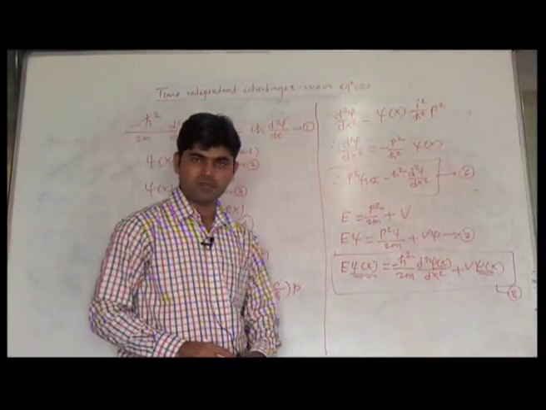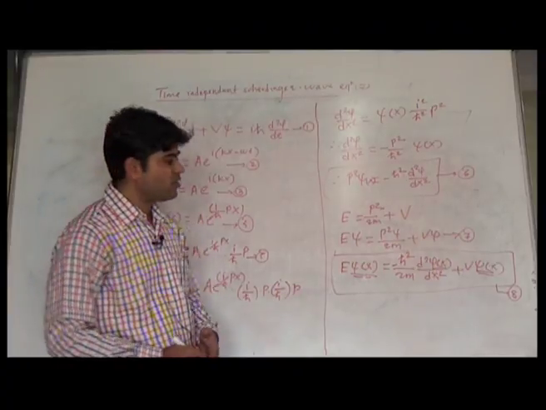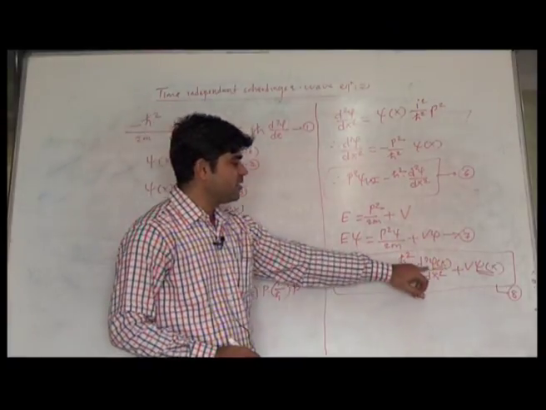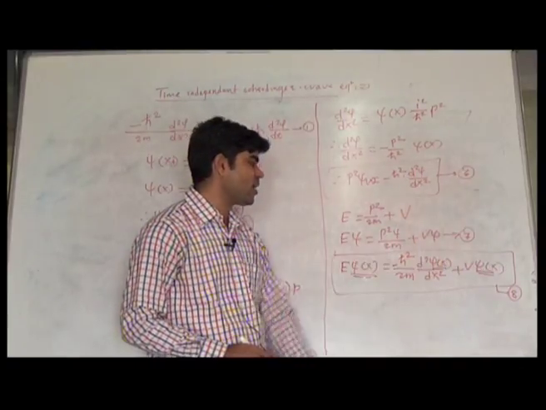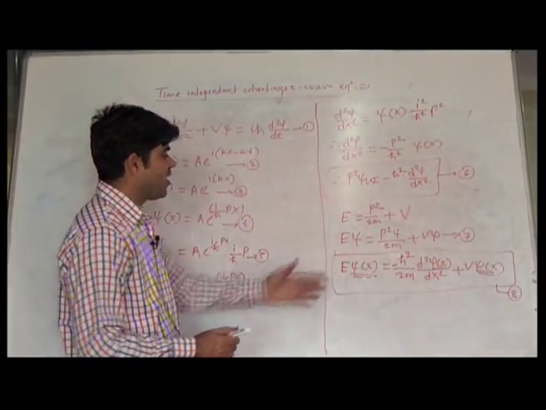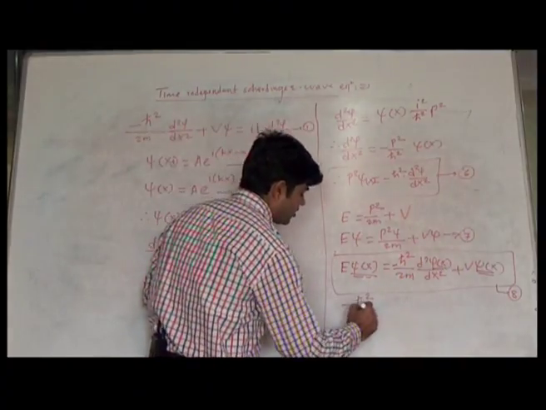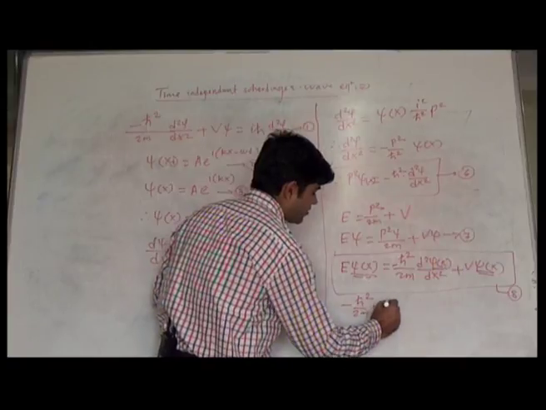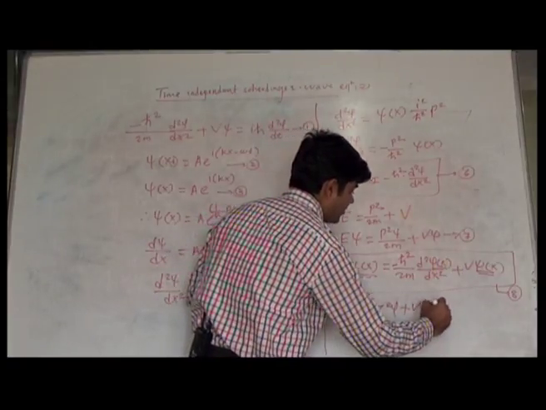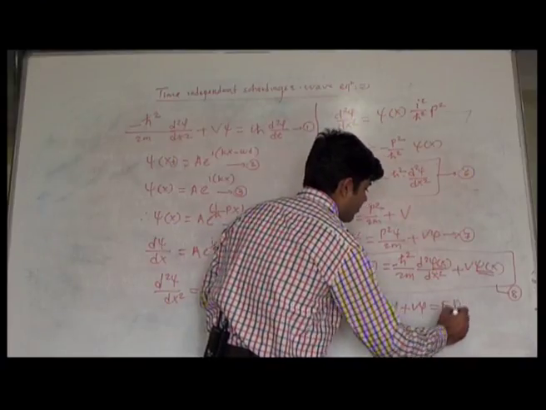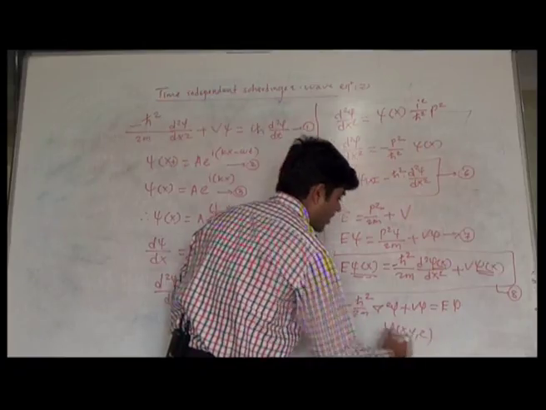Similarly, the same equation we can write in three dimensional form, that is d square psi upon dx square plus d square psi upon dy square plus d square psi upon dz square, and at the end the equation becomes minus h cross square upon twice m del square psi plus V psi is equal to E psi, where psi is a function of x, y and z.